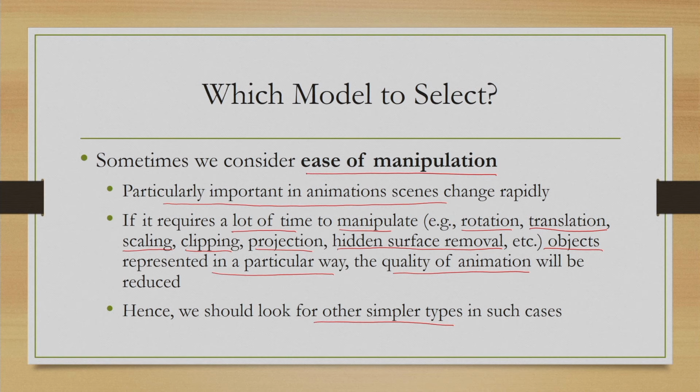So, if we are having low end devices, low end graphic systems, then it is not advisable to go for advanced representation techniques which require lots of manipulations later, particularly in the context of animation.